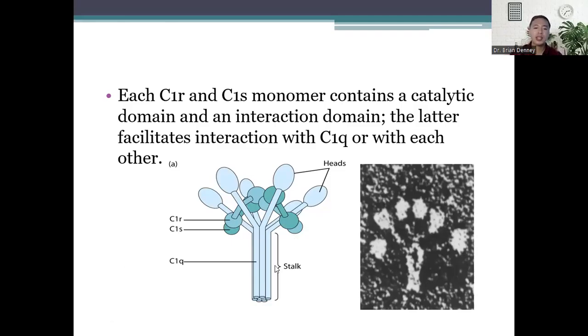When C1q globular heads become bound to the antibody, it induces mechanical stress. And this mechanical stress causes activation of your C1R catalytic and interaction domain. And then this further causes activation of your C1S catalytic and interaction domain. Okay, so I hope you got that.